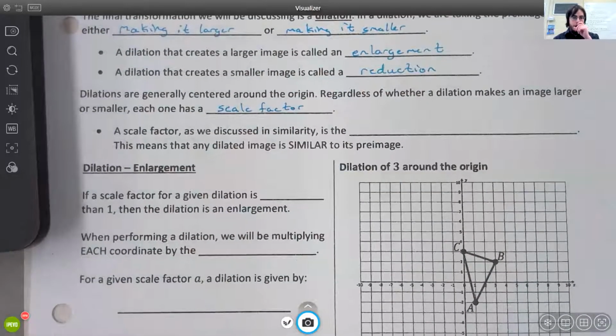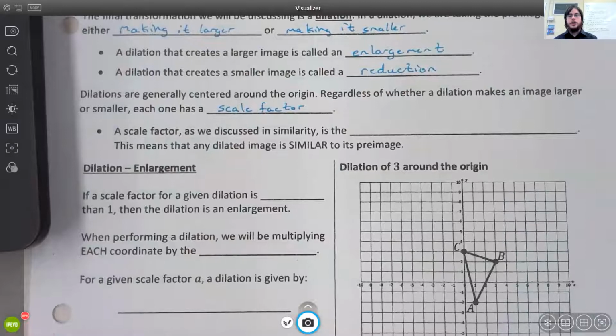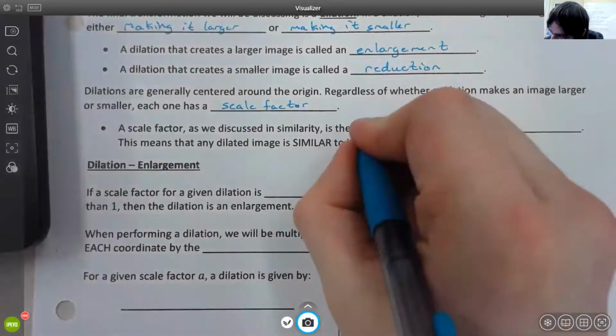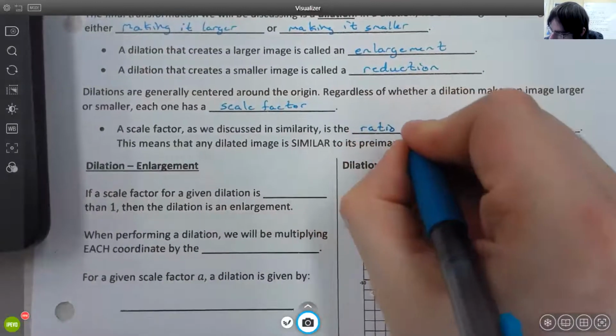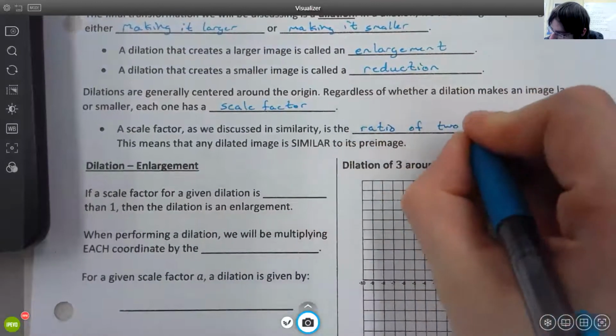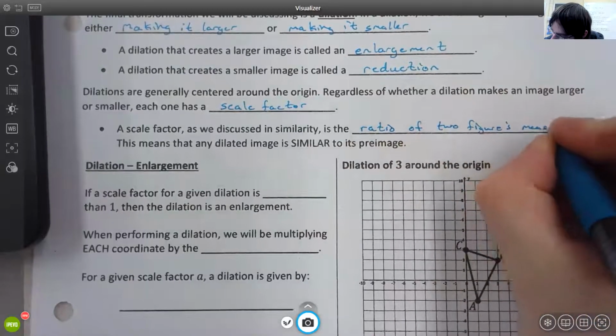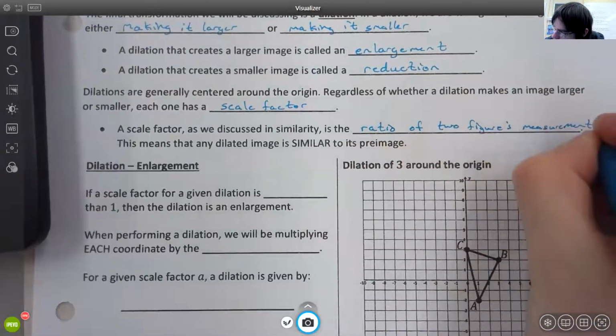Now, if you recall, we talked about scale factors when we were talking about similar triangles and similar figures. A scale factor is just the ratio of two figures' measurements.